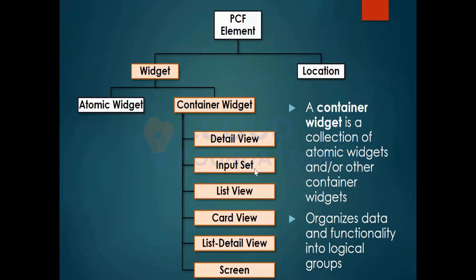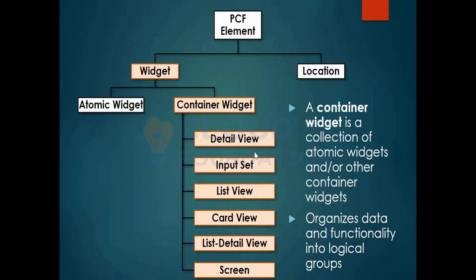Input set cannot be editable by itself. If we want to make it editable, we need to refer to it from the detail view, and then we have to make that detail view editable. Then only the input set can be editable. If you're creating a PCF file with the address information, is it just for displaying the address?